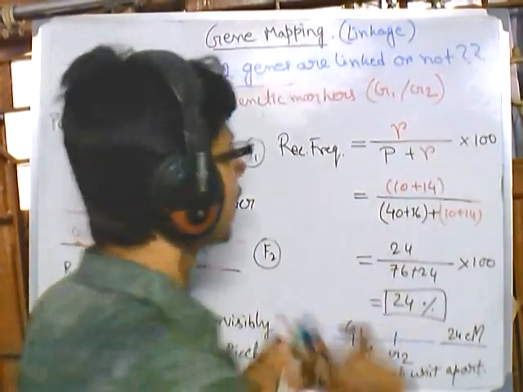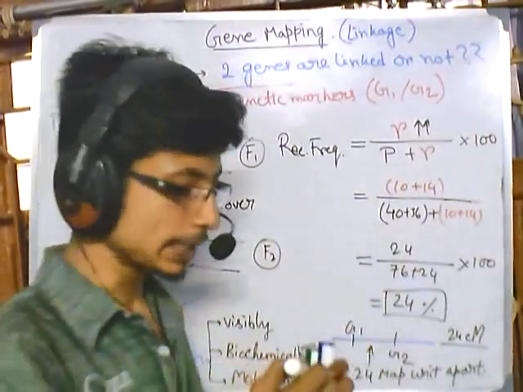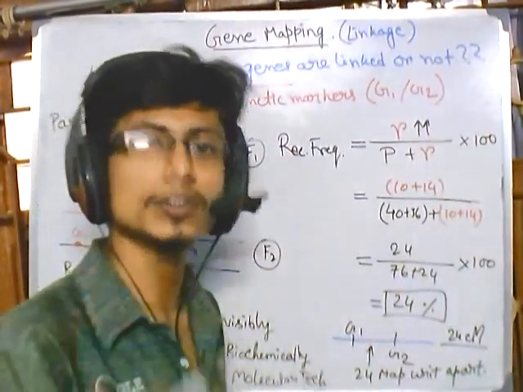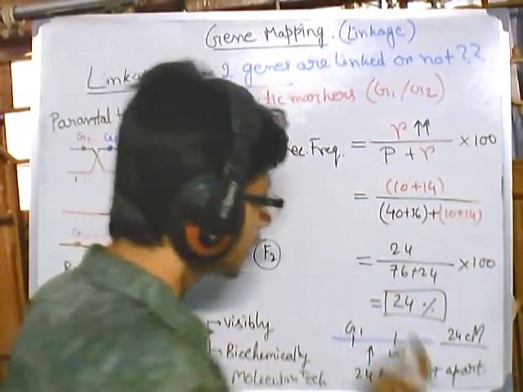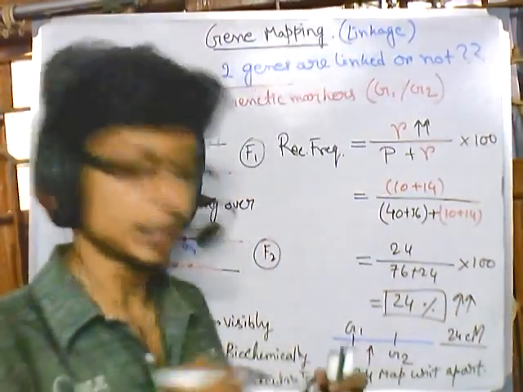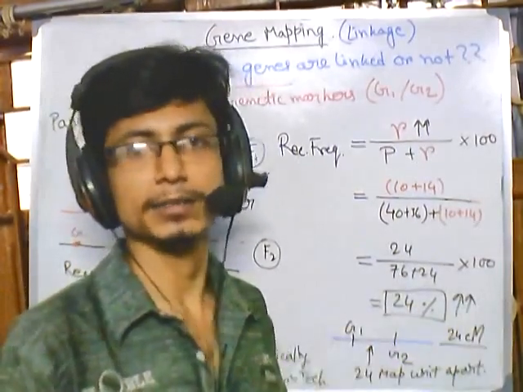So if the value of R is getting higher, more recombinant types are generated, more crossovers and more recombinations are taking place, so this value will also increase. That will tell us those two genes are distantly related, right?